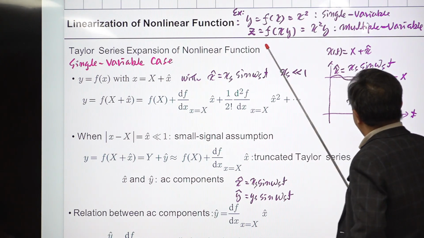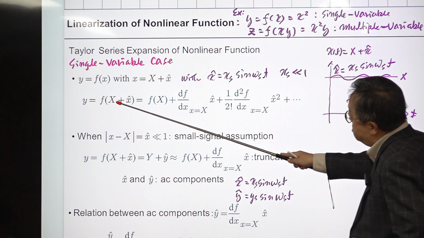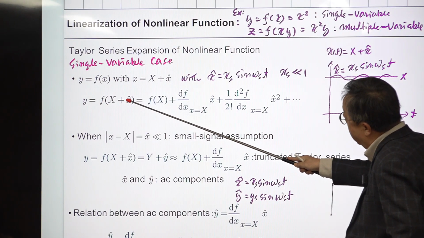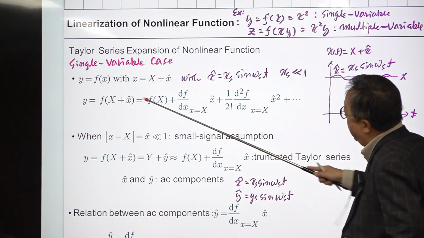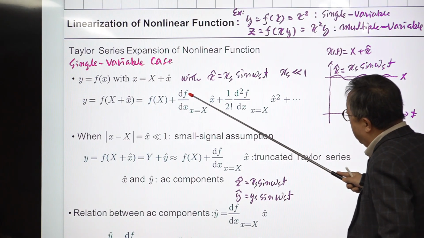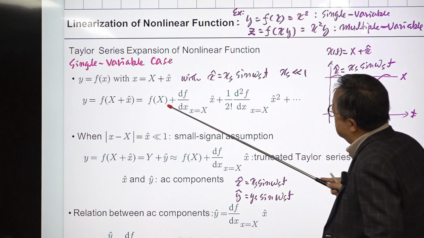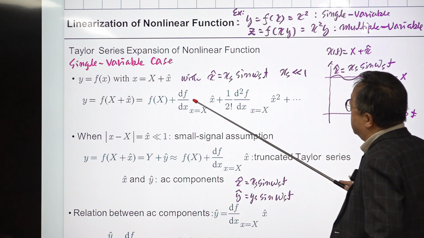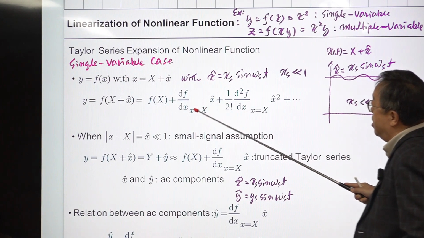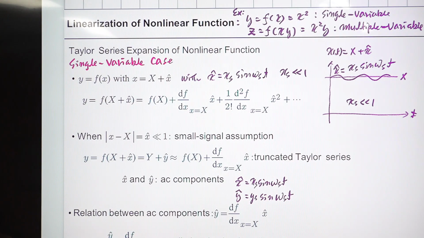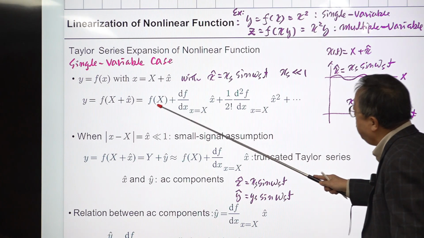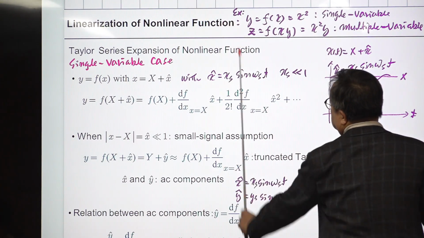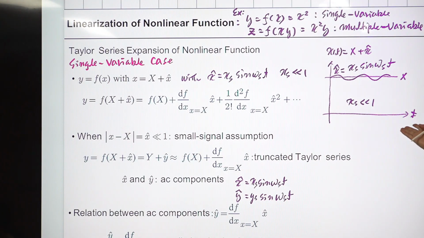So for this function at a particular point, x is large X plus X hat, then you evaluate f with this DC value, and you evaluate the derivative of f with respect to X, then evaluate that derivative using this, and this is the small AC component of the X variable, and you just take this term and this term and ignore this one and all of the following terms. Okay? This is called the truncated Taylor series.